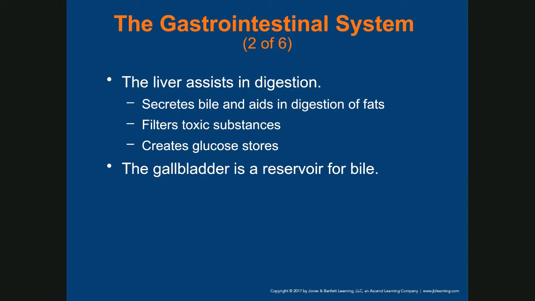It detoxifies drugs. It helps to break down dead blood cells. It stores minerals and vitamins. So the liver has multiple functions. The liver is the biochemist of the body. The gallbladder is a reservoir for bile. So the liver secretes bile, the gallbladder stores it.